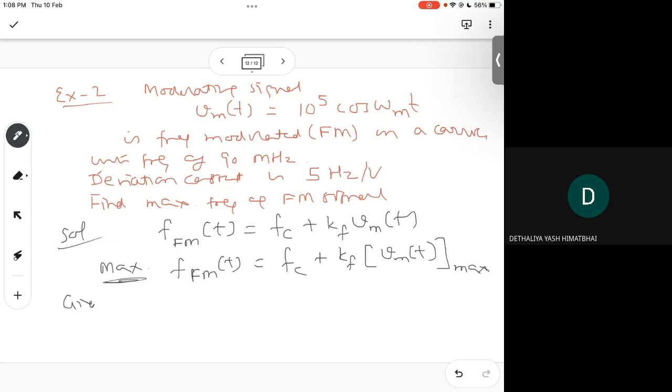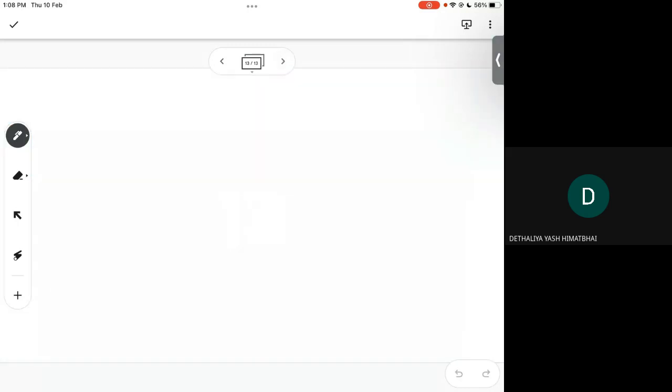What we have is fc given as 90 megahertz, so I put it immediately into hertz. Okay, what else we are given is that vmt is equal to 10 to power 5 cos omega mt. No frequency is given here, so I have to find the maximum of this one. So I need to find the maximum value of f of fmt.